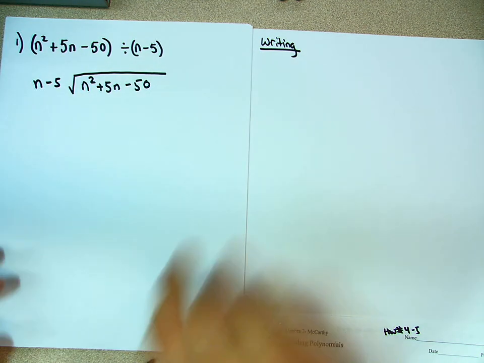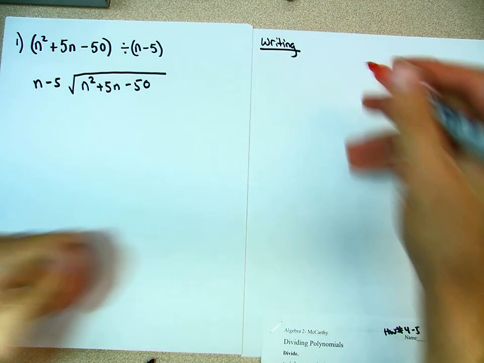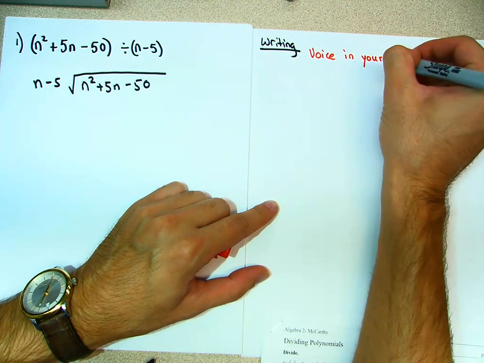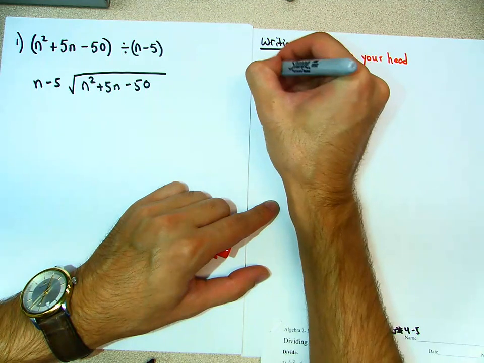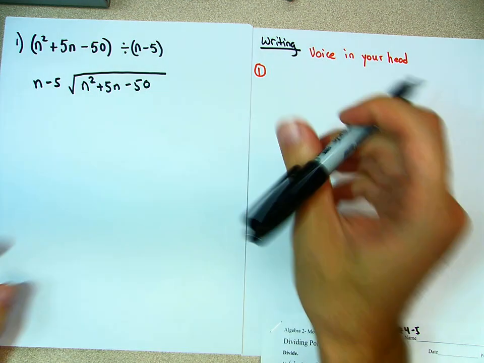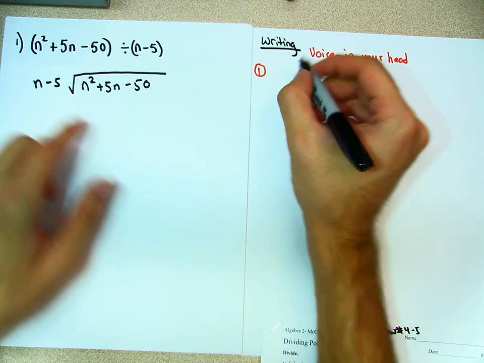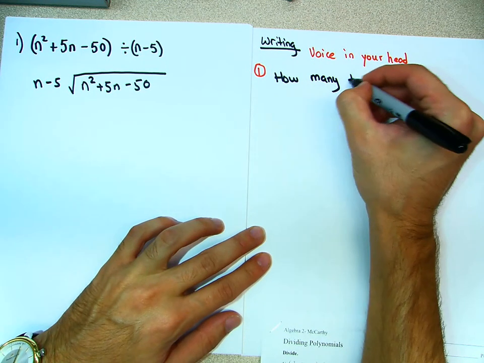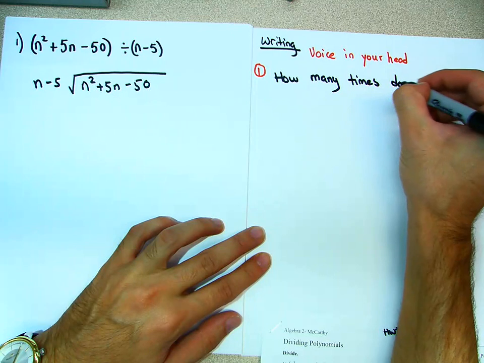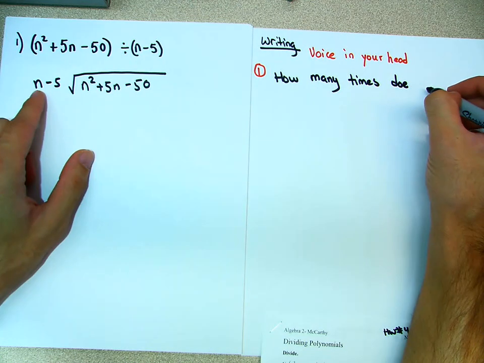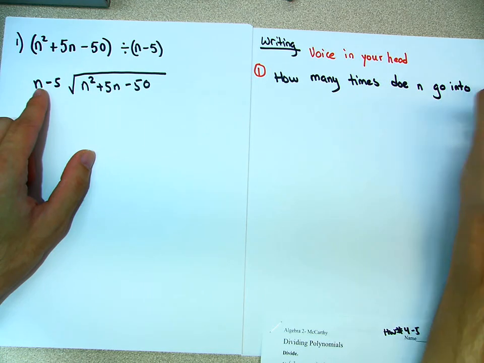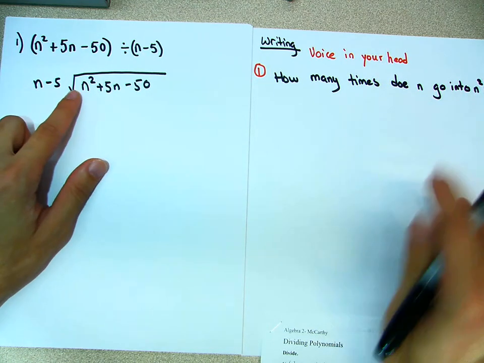Okay, now the first thing, that voice in your head, right? The first thing you're going to tell yourself is how many times does this n go into this n squared, okay?